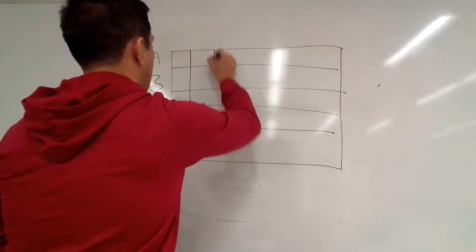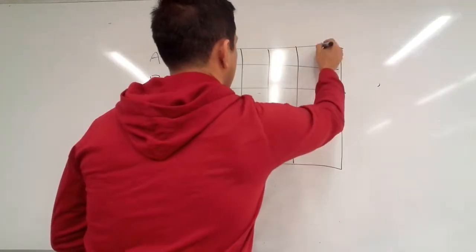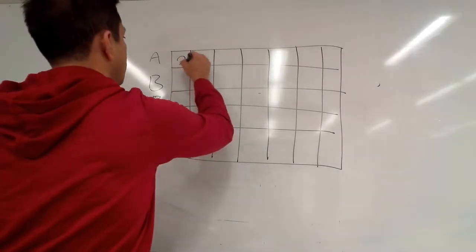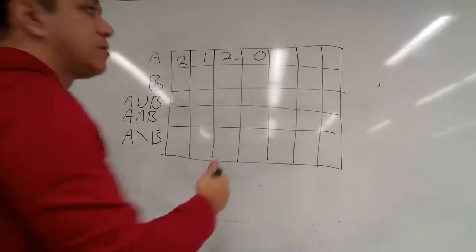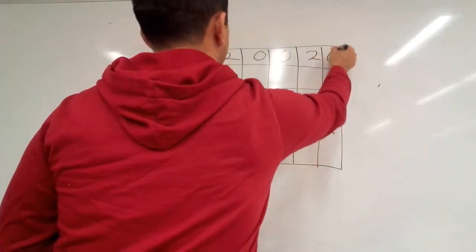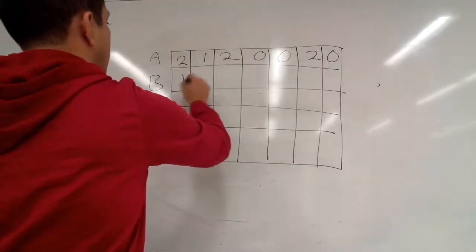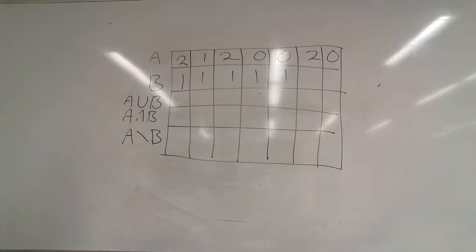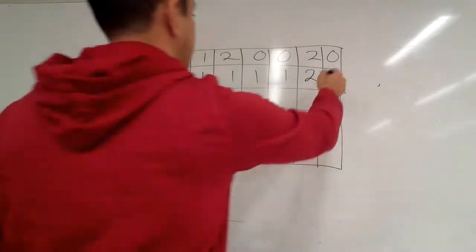In this place, we can set some information like 2, 1, 2, 0, 0, 2, 0. And in this place, ones: 1, 1, 1, 1, 1, 2, and let's place another one.